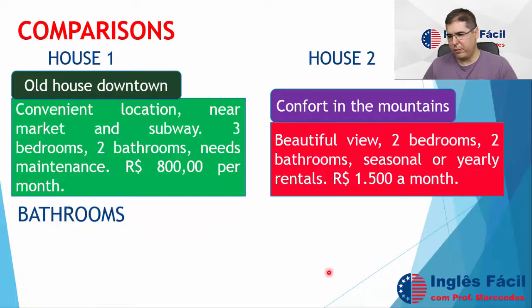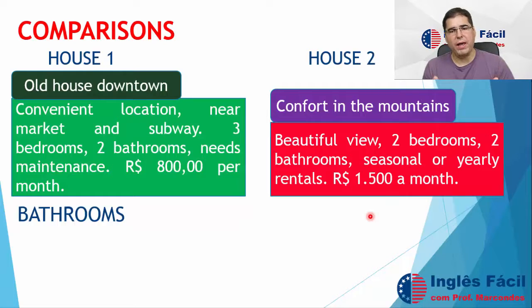Let's see another example. Now let's compare both houses concerning bathrooms, okay. House 1 has 2 bathrooms and house 2 has 2 bathrooms too. They both have 2 bathrooms, okay? So, how to compare? First, it's going to be in the affirmative, okay?